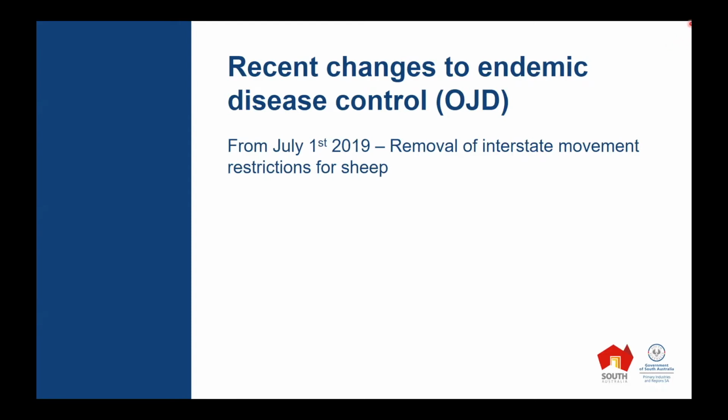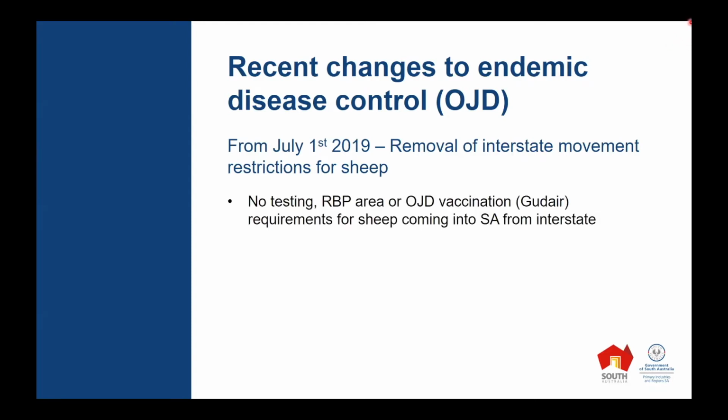Those restrictions have now been removed. In a nutshell, sheep from outside the state don't have to test negative for Johne's to get in anymore, or be from a regional biosecurity plan area, and they don't have to be approved vaccinates as they did up until July this year.